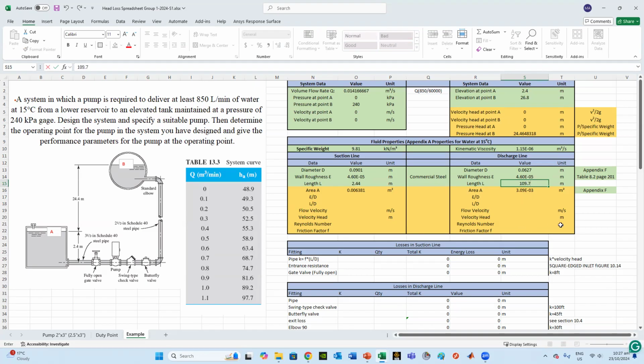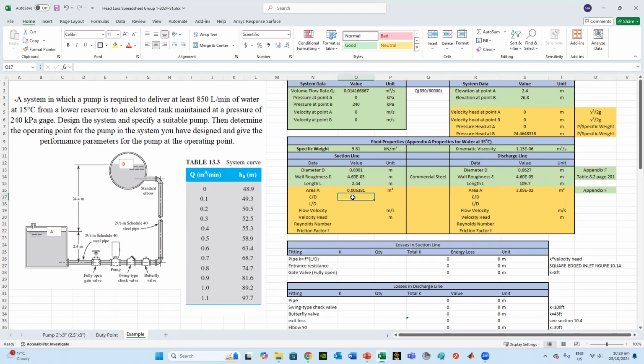So definitely this is part of your design of the question. In your design question, you need to assume the lengths and take them into account to calculate the friction losses. So from here to the pump, it's 2.44 meters. And from the pump, the discharge line to here is about 109.7 meters. Units are in meters, which is very important.